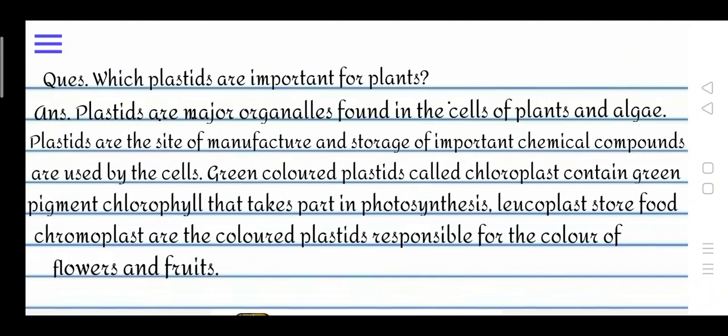Green colored plastids called chloroplasts contain green pigment chlorophyll that takes part in photosynthesis. Leucoplasts store food. Chromoplasts are the colored plastids responsible for the color of flowers and fruits. And you have to know, plastids, not plastic. Okay.